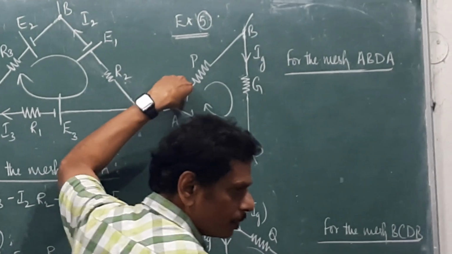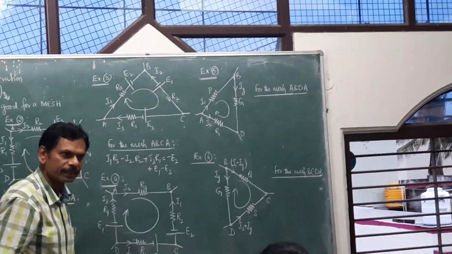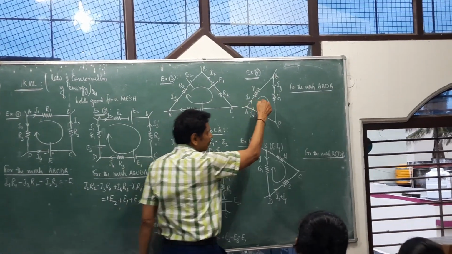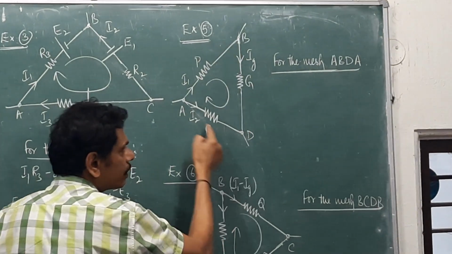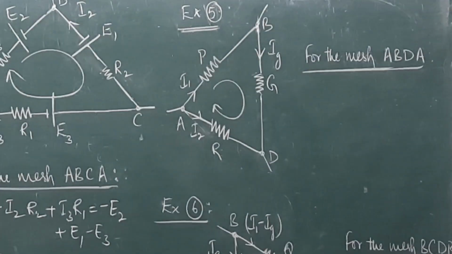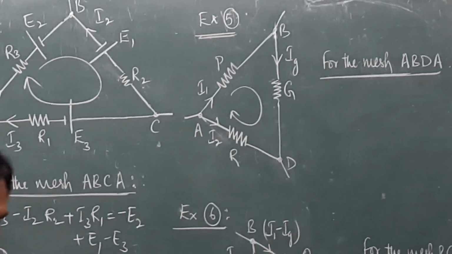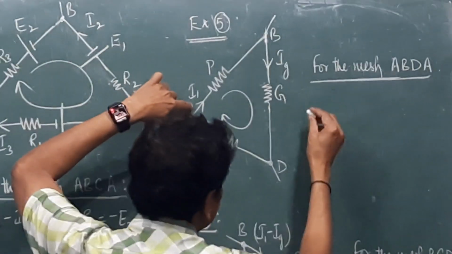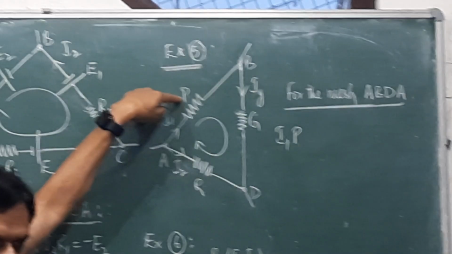Now, how we are supposed to use it here. All these things are helpful for your problem sections and elsewhere. Now, let us focus on this. Here there is no EMF, there is no cell, there is no battery. Since there is no cell or battery here, the EMF must be taken as 0, nothing else. So, I will start from here. This is plus I1 into P, P is the resistance.